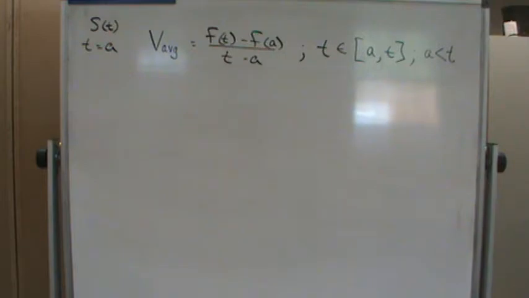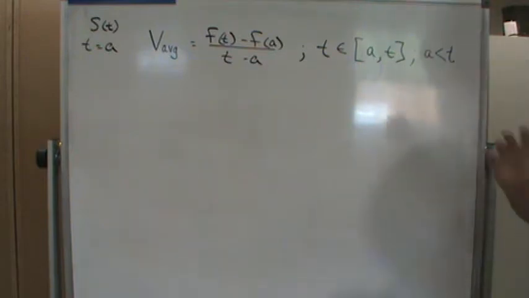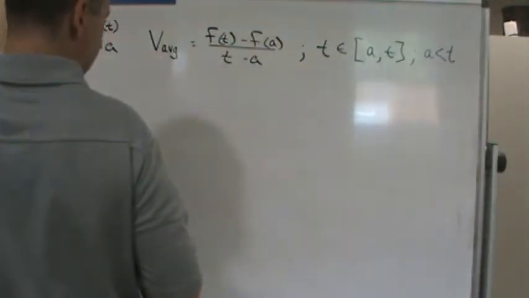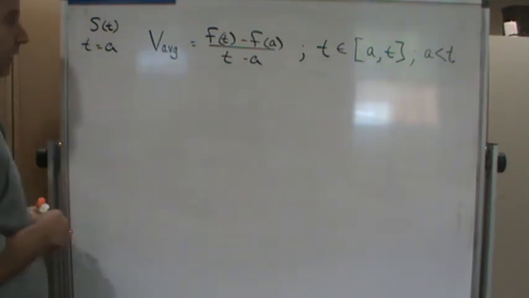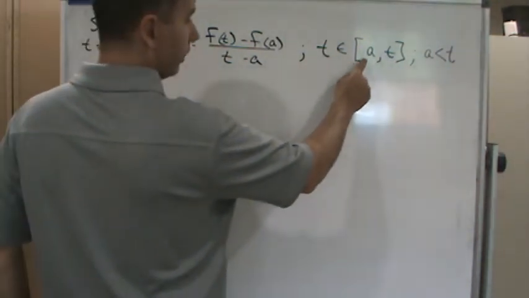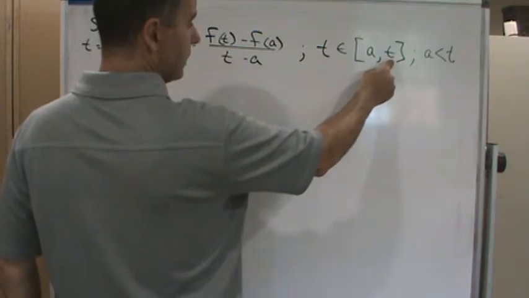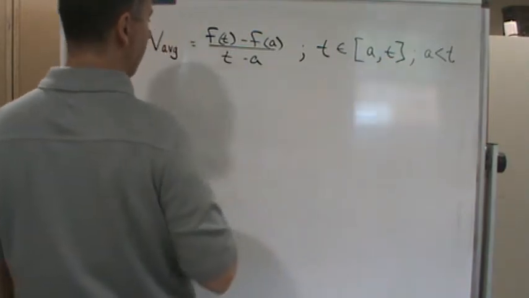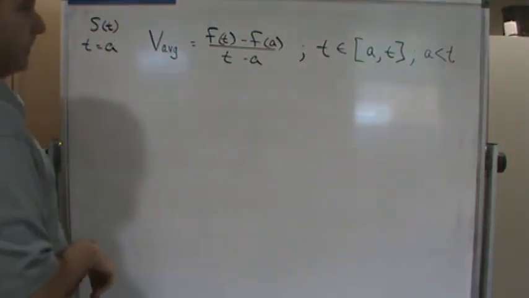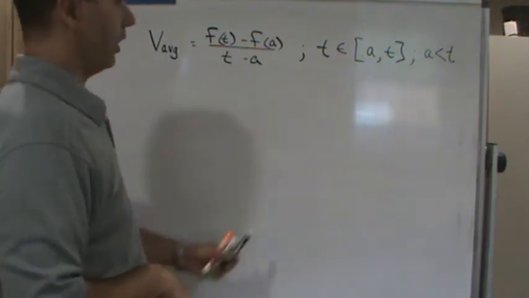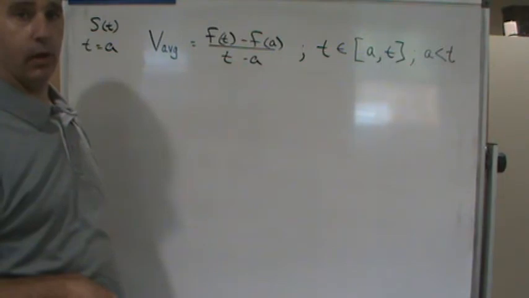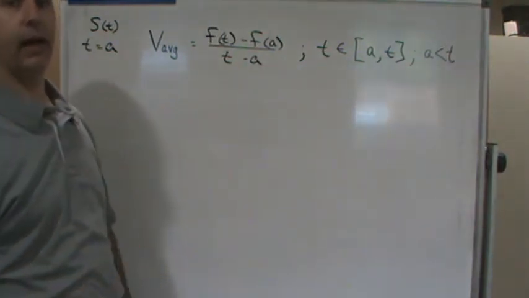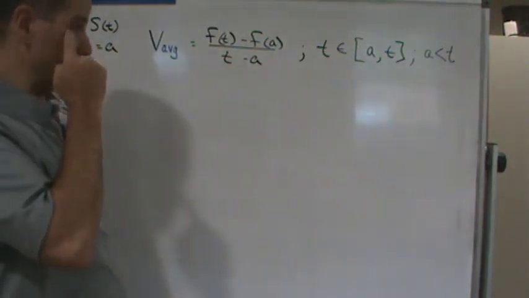Now here's the other thing, just like in the example we saw with the tangent line: the closer a is to t, the closer this average velocity tends towards the instantaneous velocity.